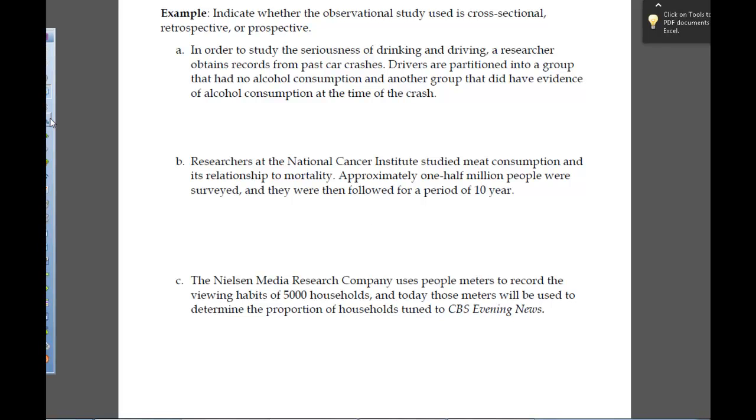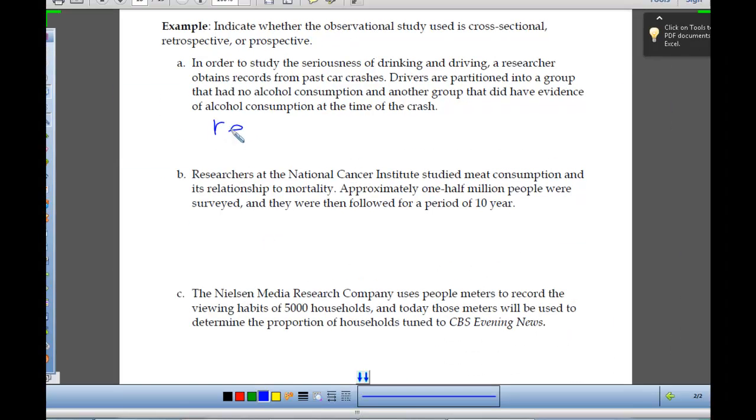Retrospective. Very good. Okay? We were interested in factors that lead to a car crash. And in particular, we want to know about the effect of alcohol on car crashes. So we got a whole bunch of data from car crashes, and then we were able to say, okay, got the crash, now we can look back and ask, was there alcohol involved?